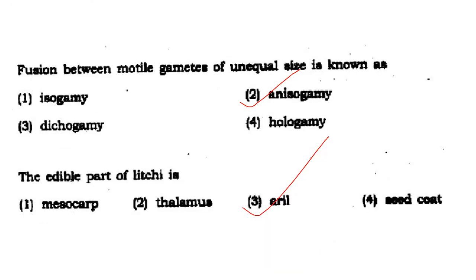Fusion between motile gametes of unequal size is known as isogamy, anisogamy, dichogamy, hologamy. Answer is anisogamy. The edible part of lychee is mesocarp, thalamus, aril, seed coat. Answer is aril.